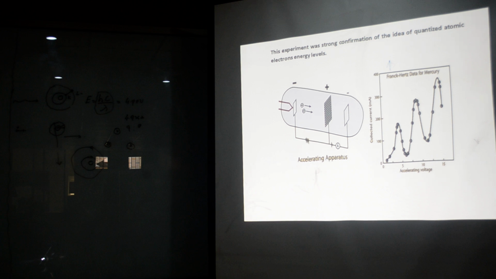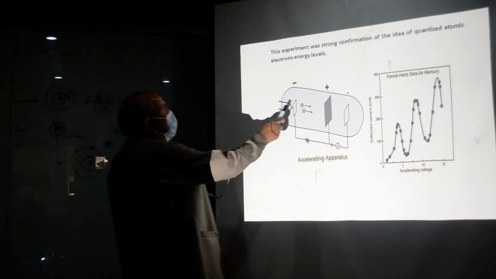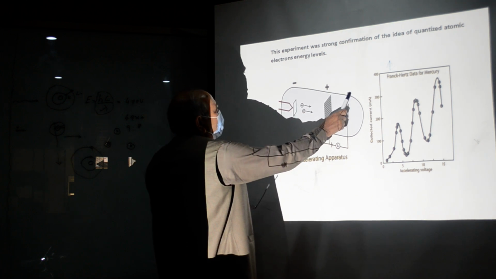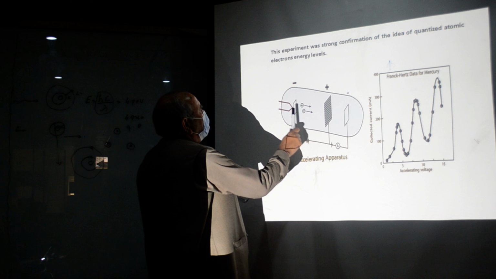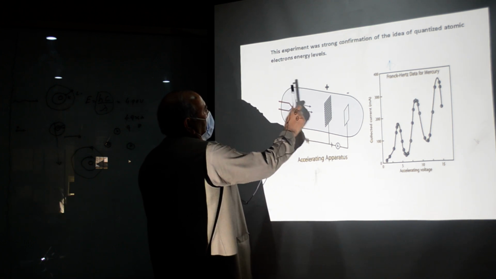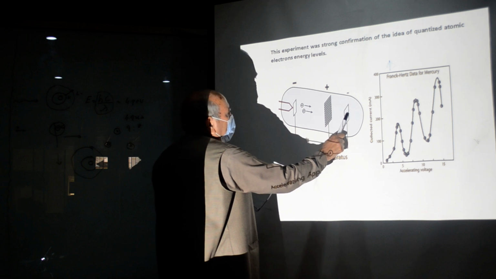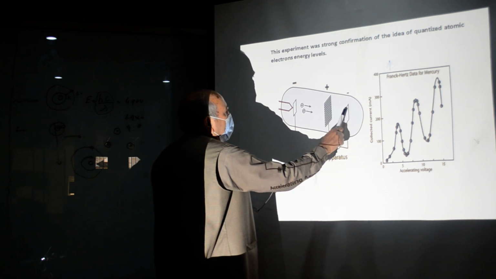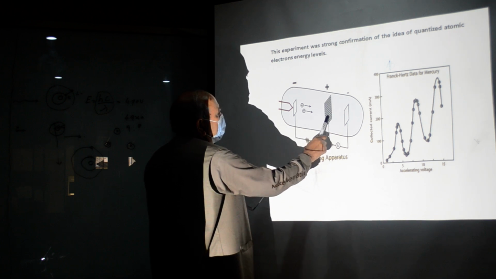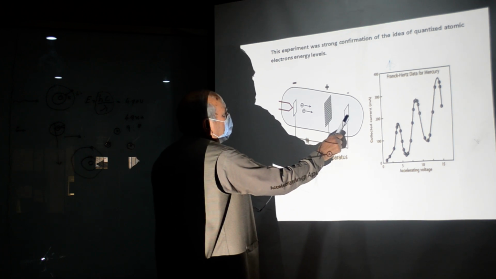Now you see this is negative and this is negative, but here is a big negative and here is a small negative. Why is it so? Because here I give a big negative potential, and compared to that I give a small negative potential because I want to collect electrons here. If this is positive and I leave it like this, electrons will not reach here.